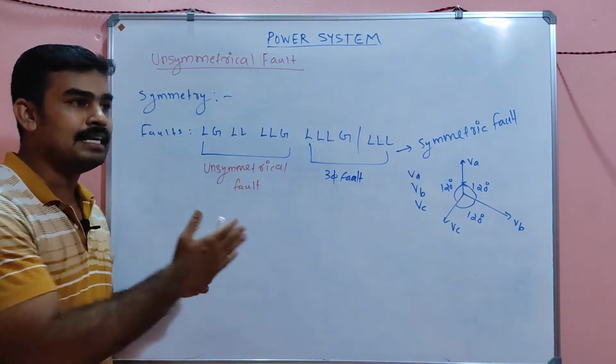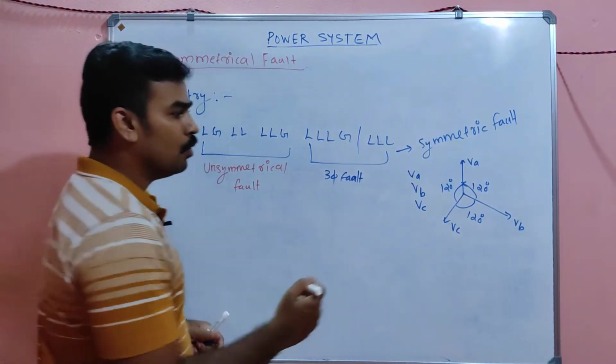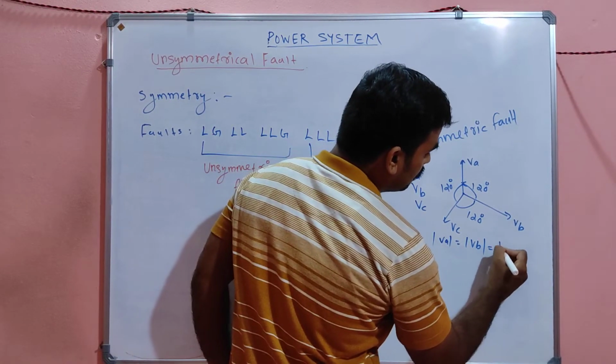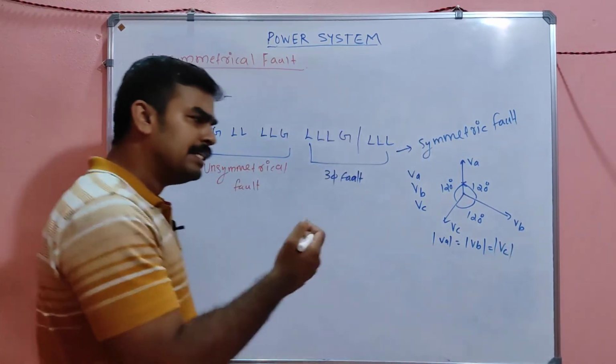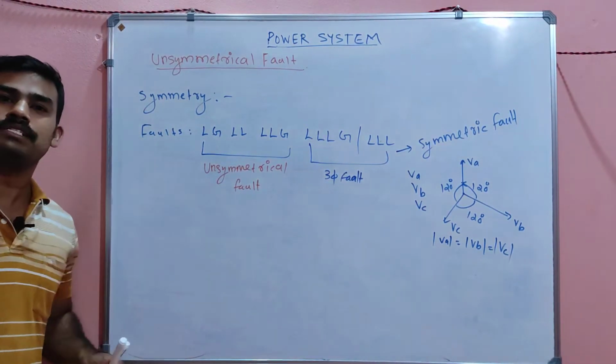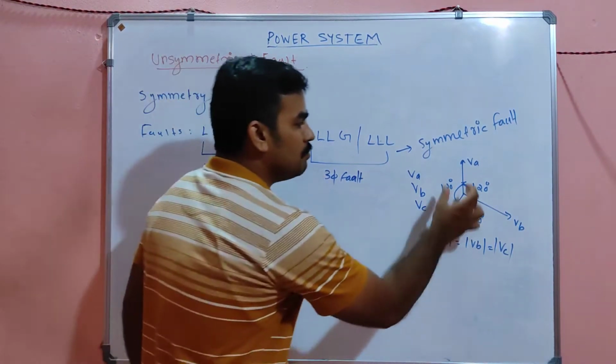That is called the balanced three-phase supply. The magnitude |VA| = |VB| = |VC|, for example 240 volt means each phase contains 240 volt. Is it clear? So this is called the balanced supply.